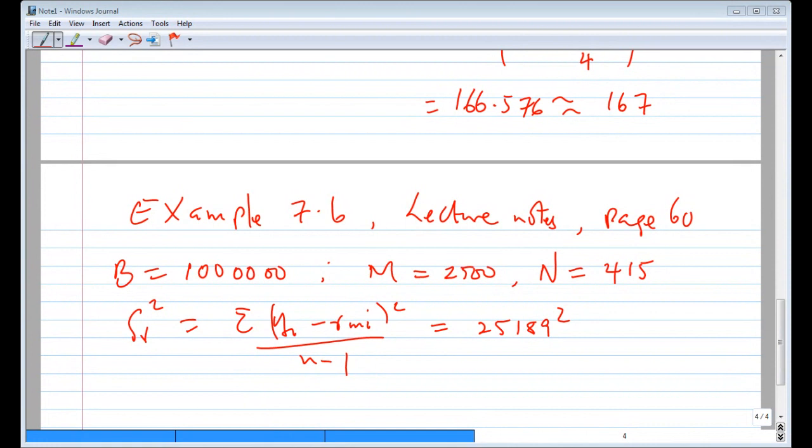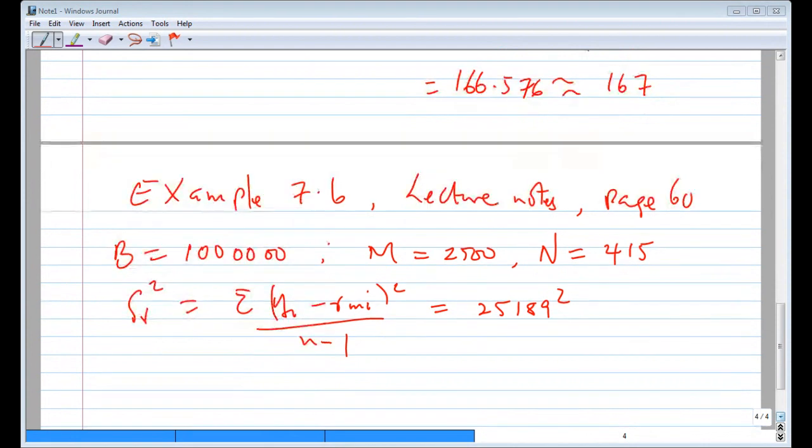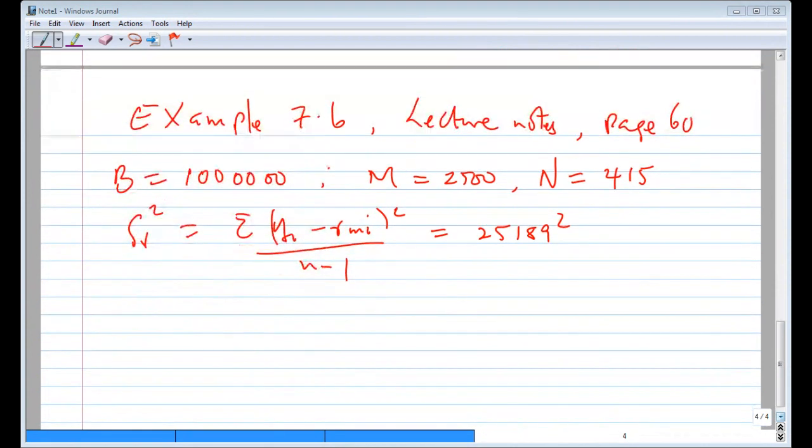Okay, so now let's use a formula to select the sample size required to estimate the what? This time around it is the population total.